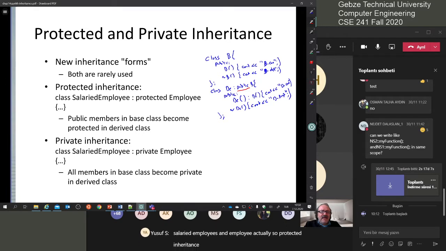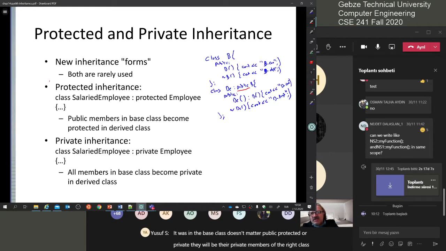And when you do that, public members in the base class become protected in the derived class. So all the publics of the base class become protected. When you do the private, all the members in the base class, doesn't matter public, protected, or private, will be the private members of the derived class.